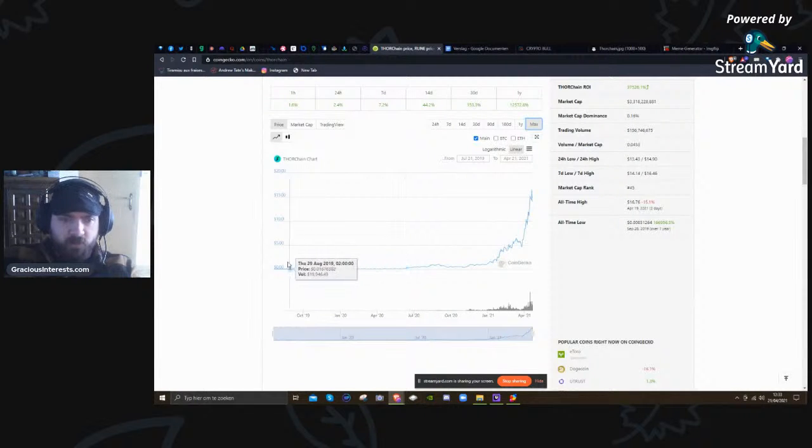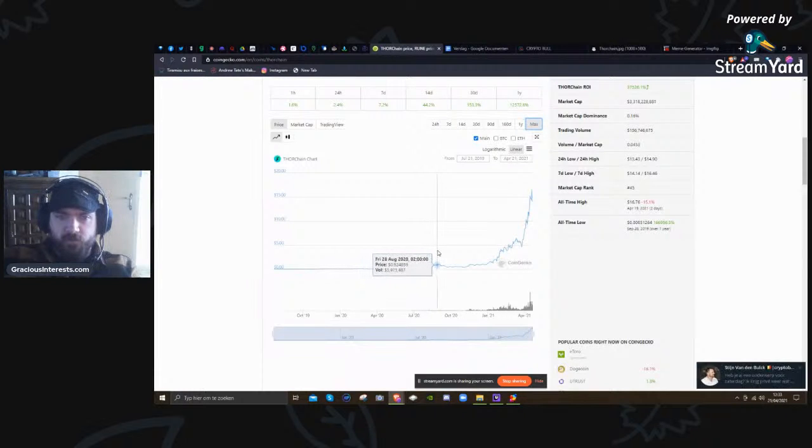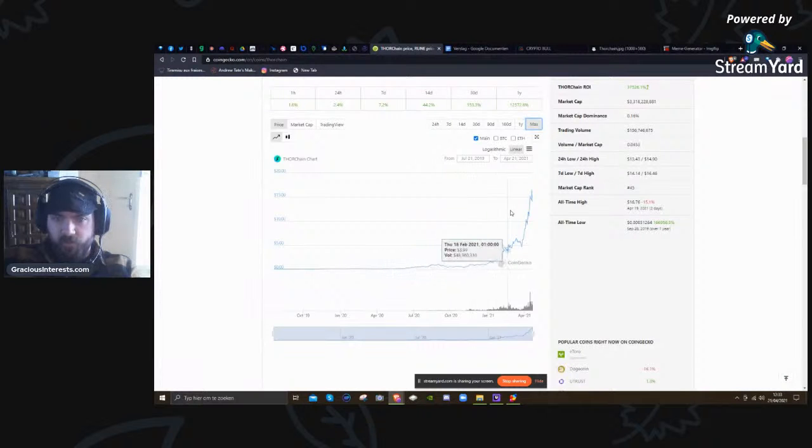However, it was incepted October 2019, and things were quite calm and only started exploding in value when this bull run actually started. So somewhere October 2020 was a little uptick here, and it generally follows the market.